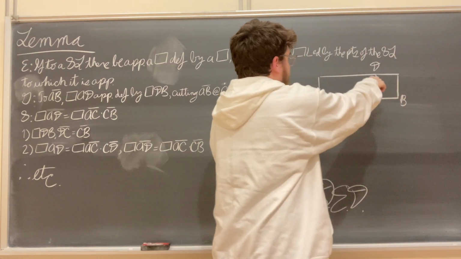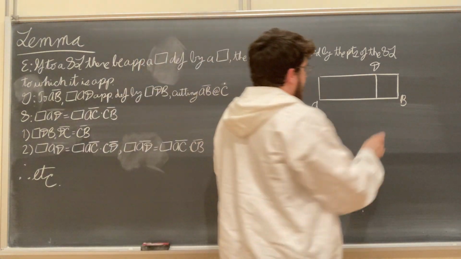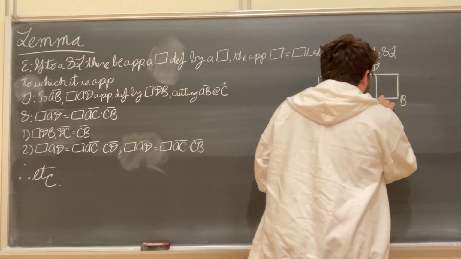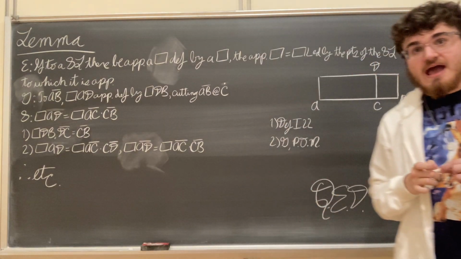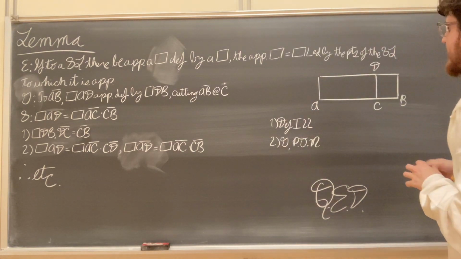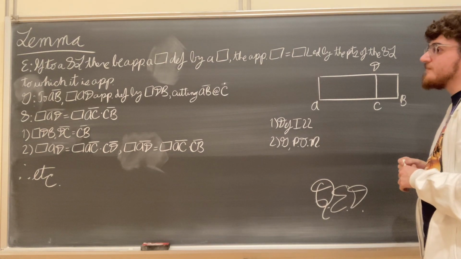See, we've applied this rectangle AD, we've put it on top of the straight line AB, but it's deficient by a square DB, and this will cut the straight line AB at C. And we will want to show that the rectangle AD is equal to the rectangle contained by AC and CB.